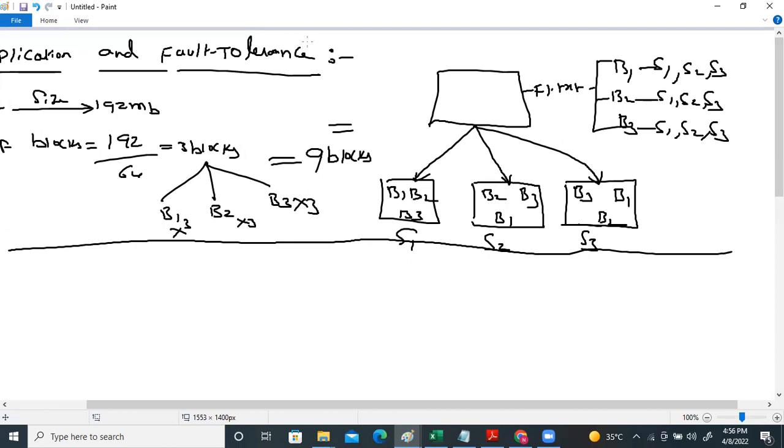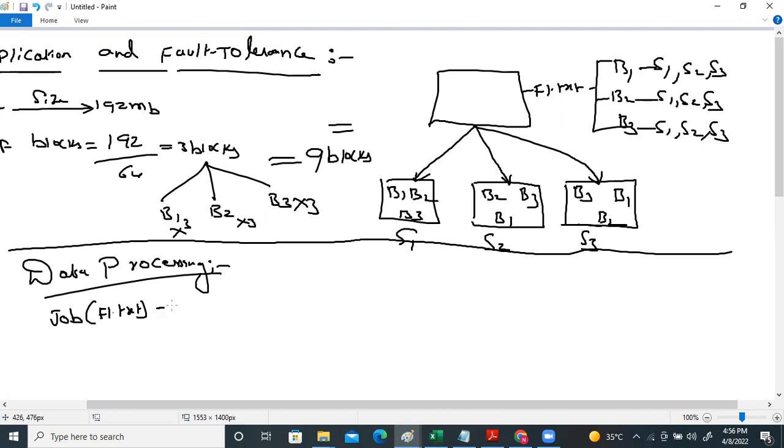Now, here job divided into number of tasks, right?